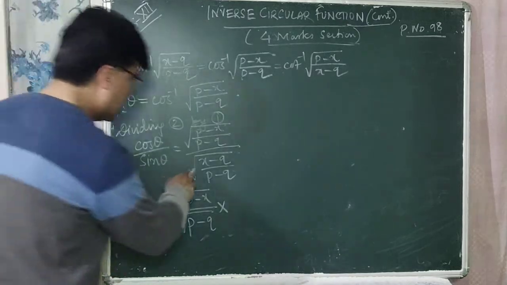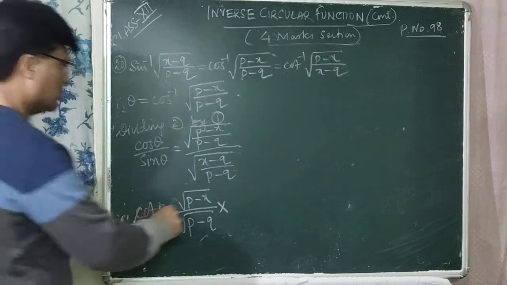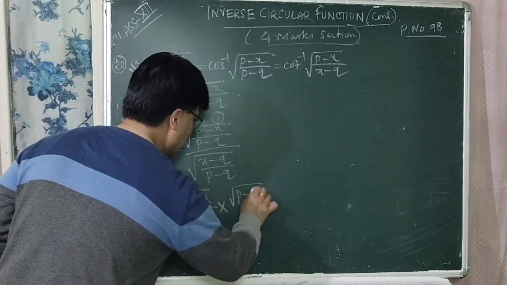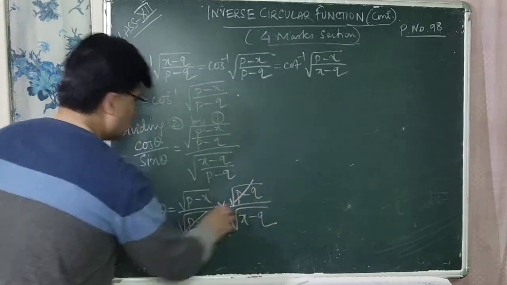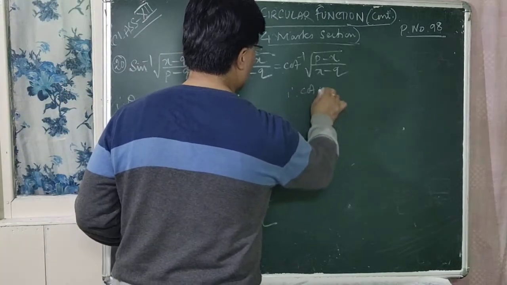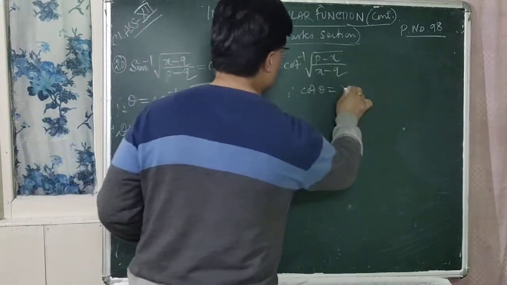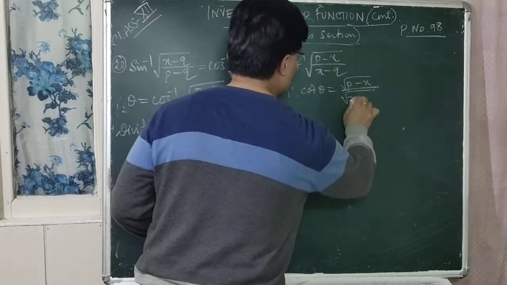So now when this denominator goes up in the numerator, it becomes upside down, isn't it? That is root over p minus q upon root over x minus q, right? So here these two get cancelled. So what is cot theta now? So cot theta is equal to root over p minus x upon root over x minus q.